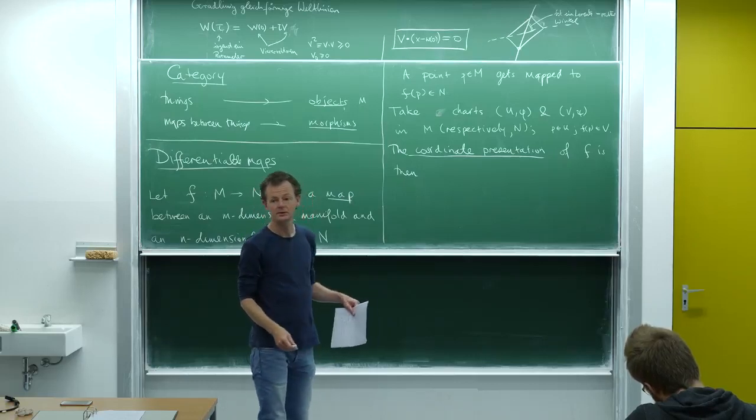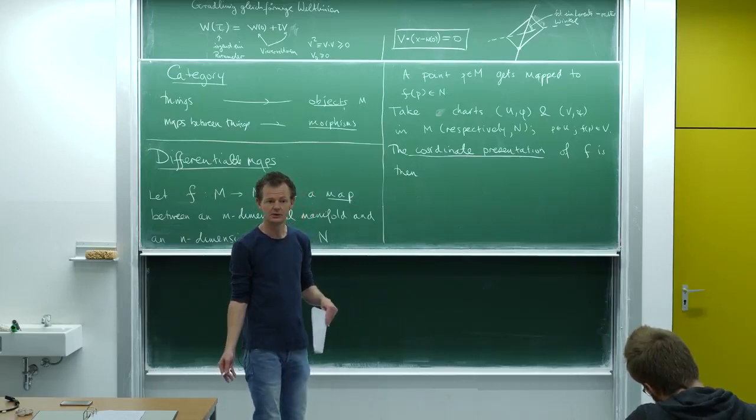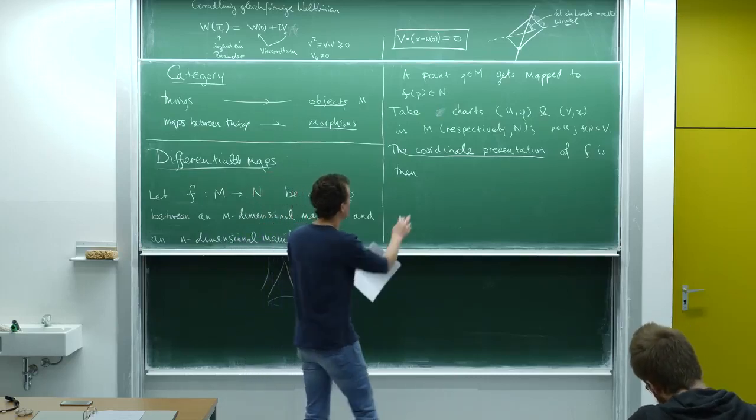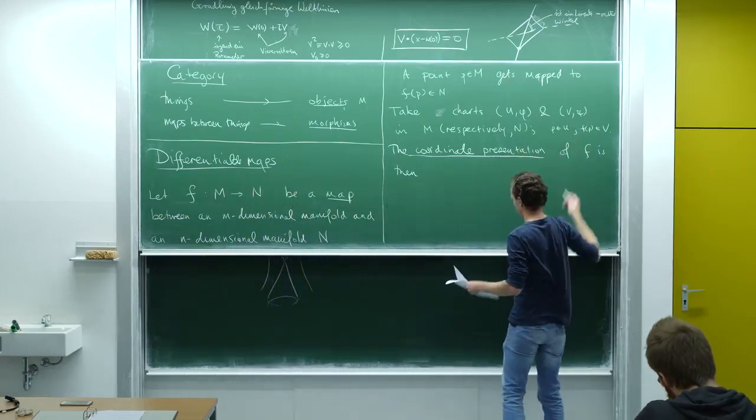And the way we do that is we get a presentation of our function on Euclidean space via these coordinate systems phi and psi. I'll draw a picture in a second.